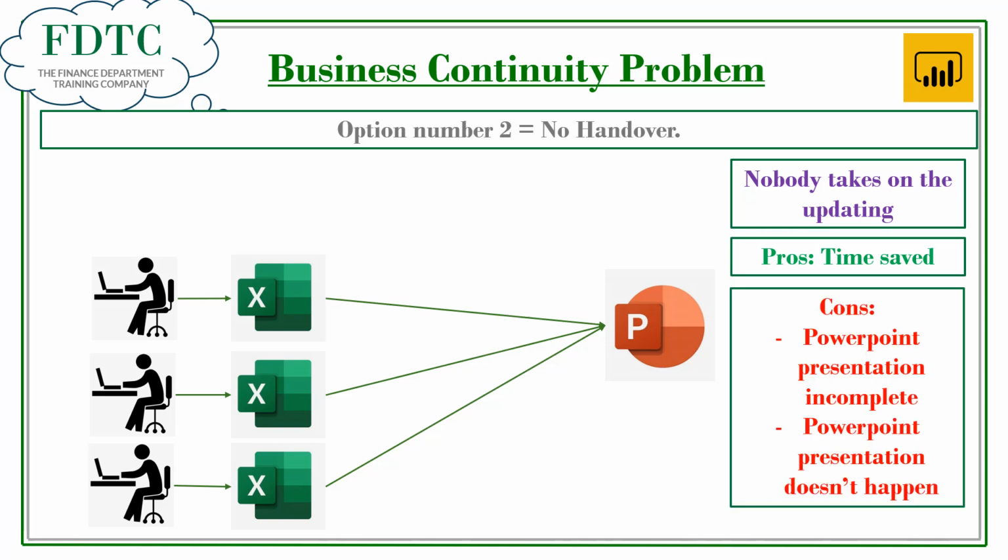And this means, of course, that the PowerPoint presentation which everyone else has been working towards is either incomplete or, worst case scenario, it doesn't happen at all. Now, this is a scenario that we really want to avoid because it makes the person in overall charge of the PowerPoint presentation look like a bit of a lemon in front of senior management.